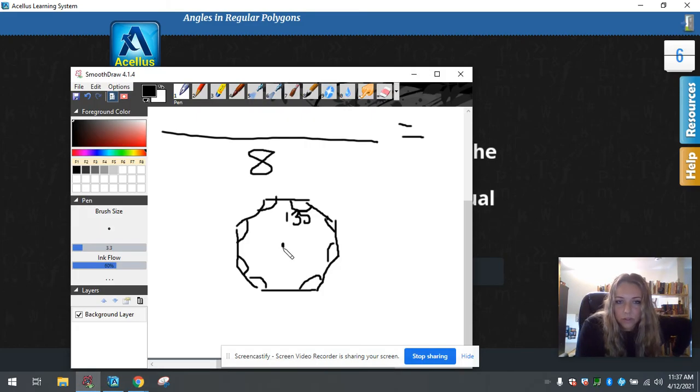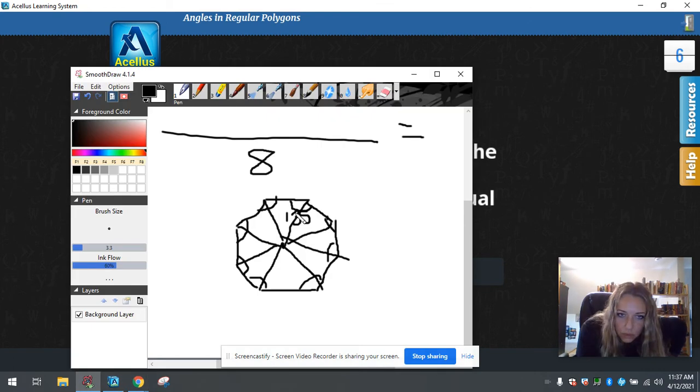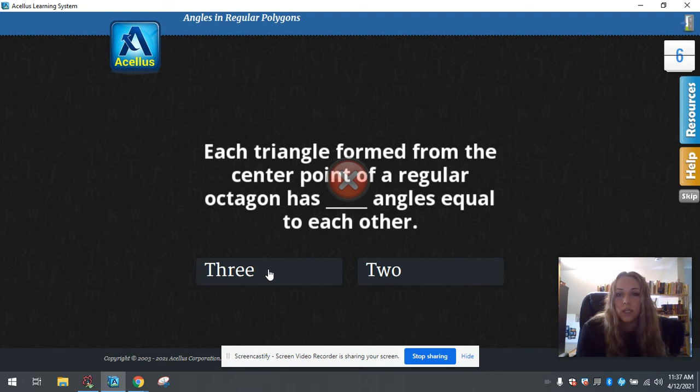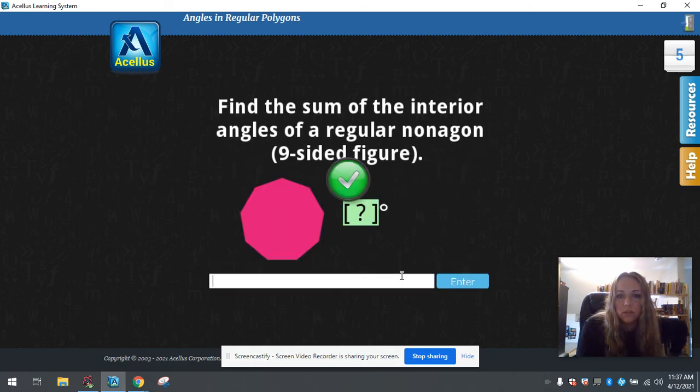If we drew triangles with a perfect regular octagon, each triangle formed from the center point of a regular octagon has 3 angles that are equal to each other, or 2. I think they'd all be equilateral, so 3. Nope, 2. So this angle is going to be different, but these 2 angles in the triangles that we make are going to be the same.